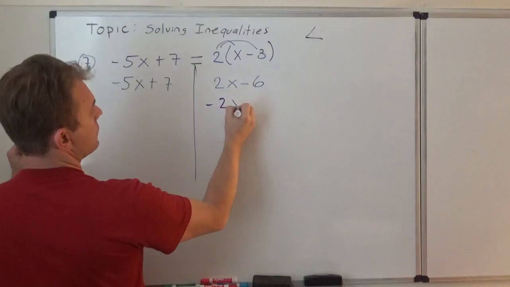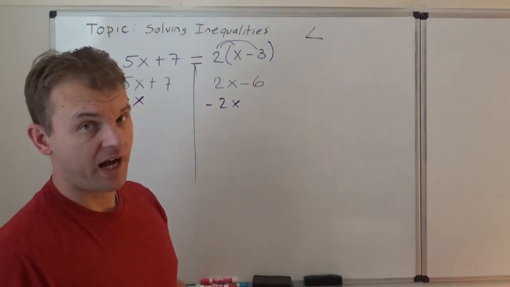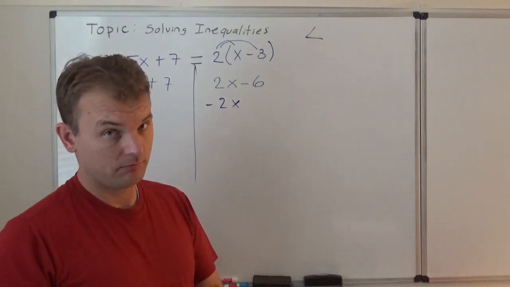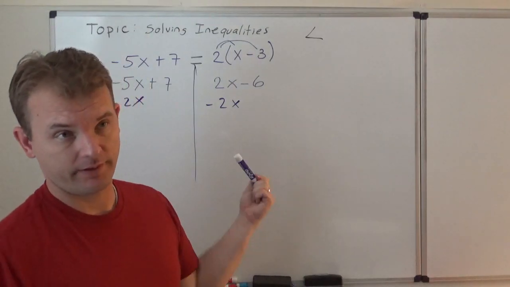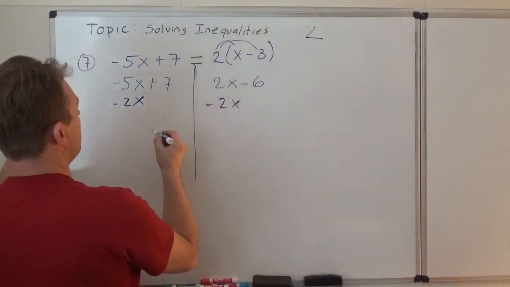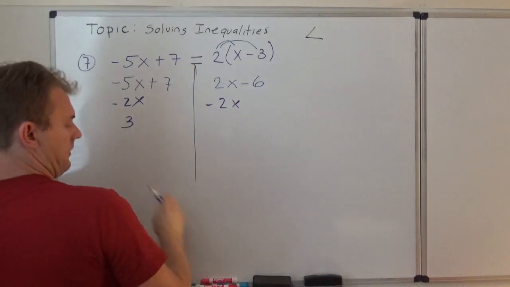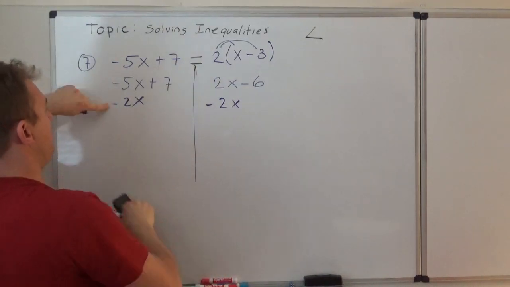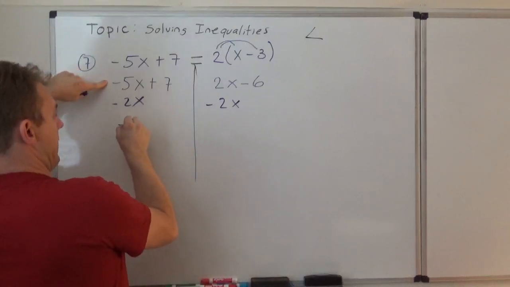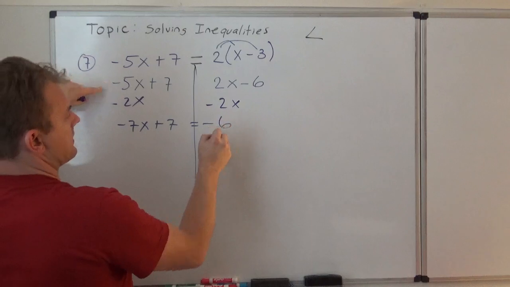So subtract 2x, subtract 2x. Did I multiply or divide? Not yet. Well, I never did it at all. So I don't need to change anything. So we're going to go ahead and go, oops, this is negative, negative. Remember, minus minus is negative 7x plus 7 equals negative 6.